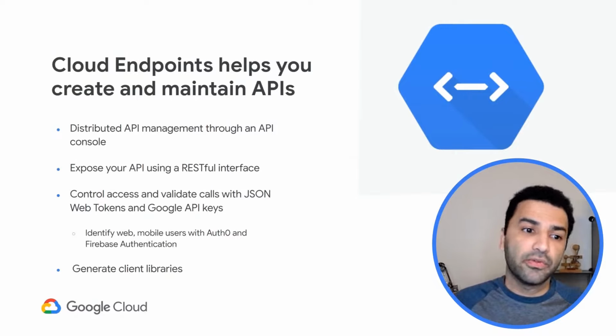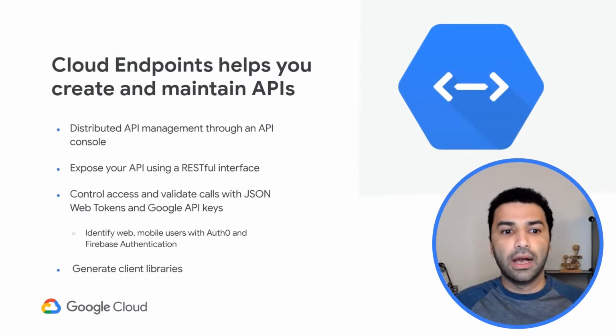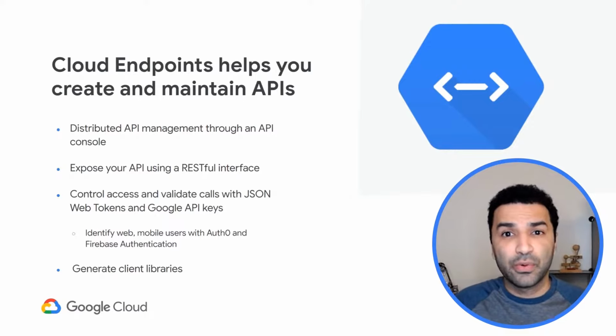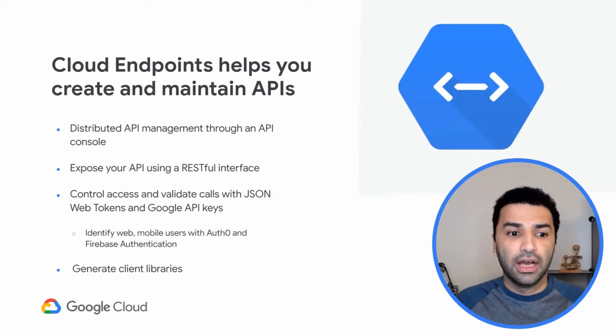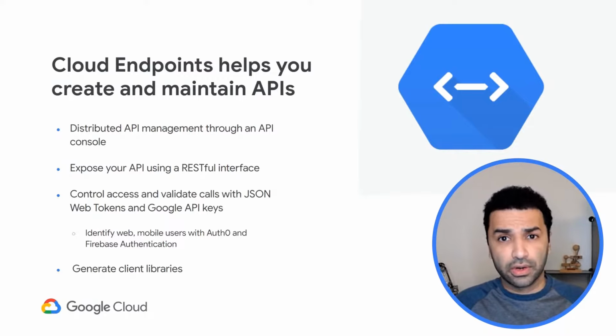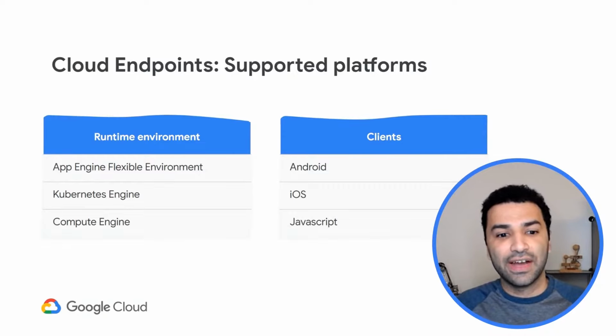And for that, we provide you with what we call Cloud Endpoints. It helps you maintain your APIs and export some endpoints for your developers to use your application through RESTful APIs. Cloud Endpoints supports pretty much any sort of client, whether it's an Android device, iOS device, or JavaScript.